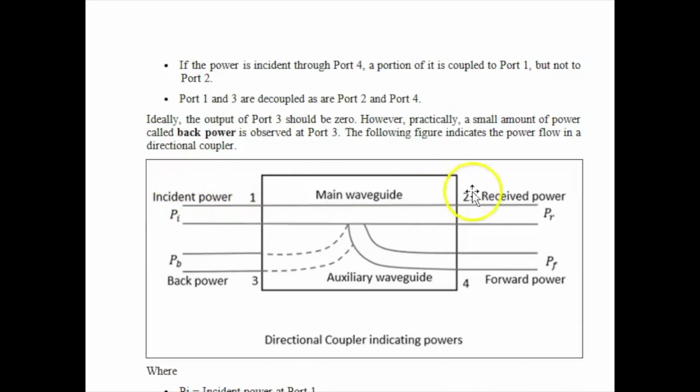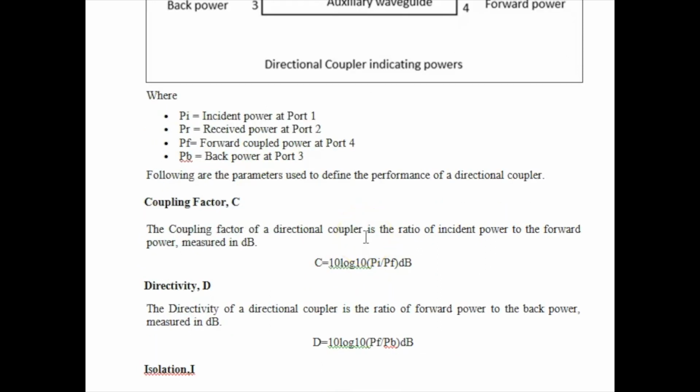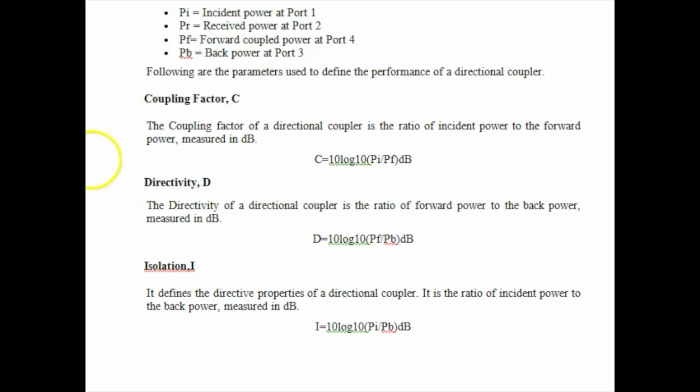And we have the 4 powers: Pi at port 1 indicates the incident power, PR at port 2 indicates the received power, PB at port 3 indicates the back power, and PF at port 4 indicates the forward power.